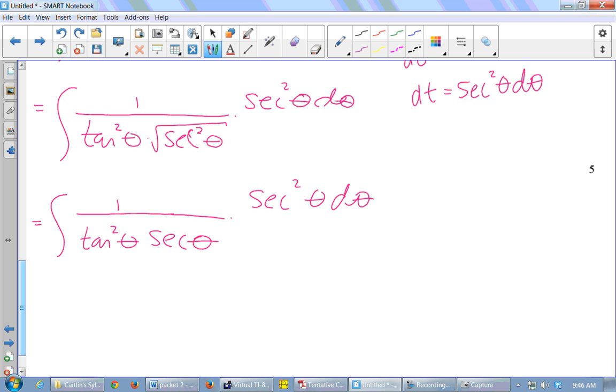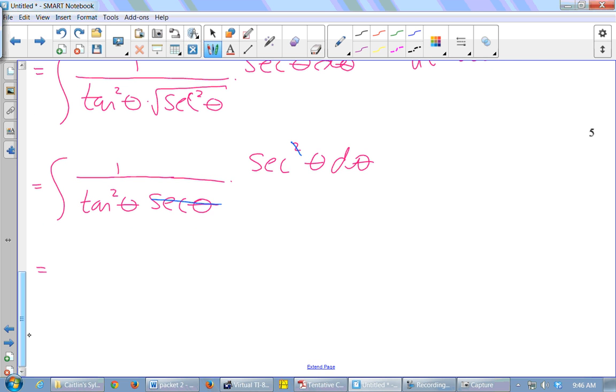One of these secants cancels. So this becomes the integral of secant theta divided by tangent squared theta d theta.